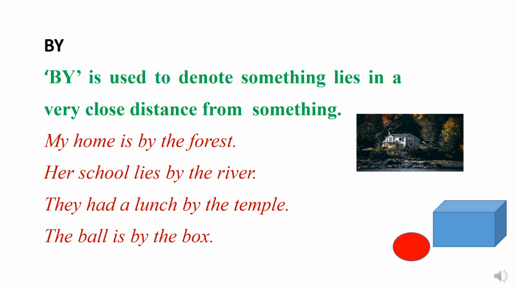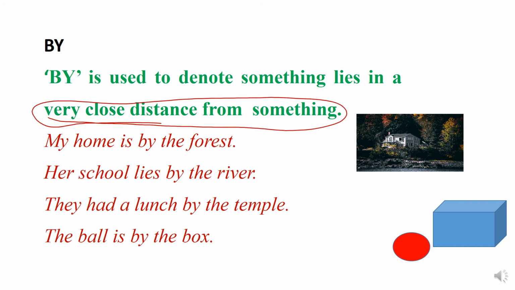Here we are talking about by. By is used to denote something that lies in a very close distance from something. Remember this. By means in a very close distance from this. Here we are talking about preposition of place. Do not forget it, otherwise you will be mixing all the ideas.